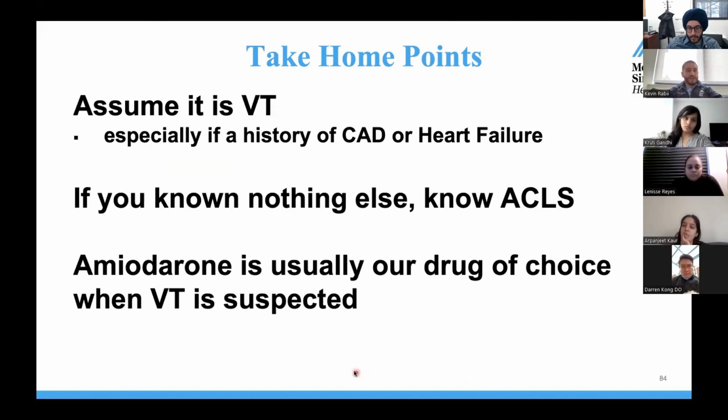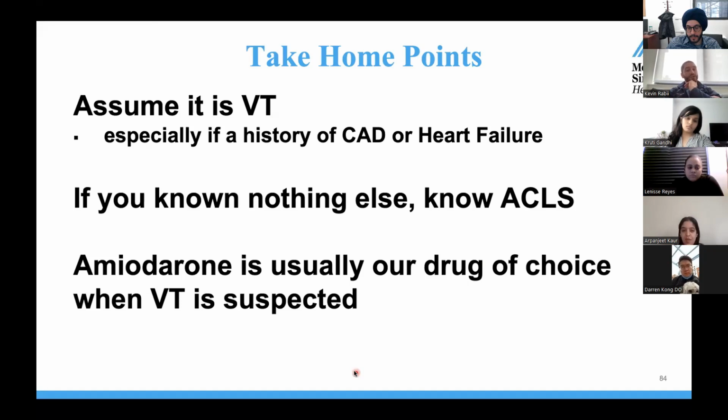Even after 2 years of doing cardiology, I can tell you we sit in rooms with multiple EP attendings and argue for an hour straight about whether it is VT or not. It's not as clear cut as we like it to be. So just assume it's VT, especially if the patient has a history of CAD or CHF. Remember that has a 90% predictive likelihood of VT.